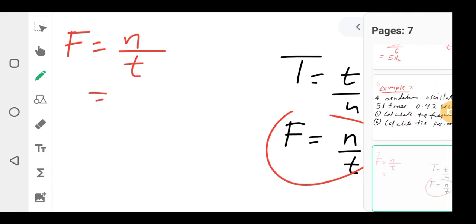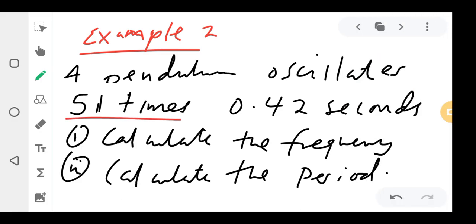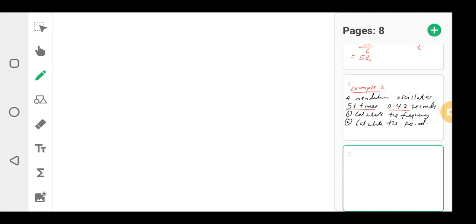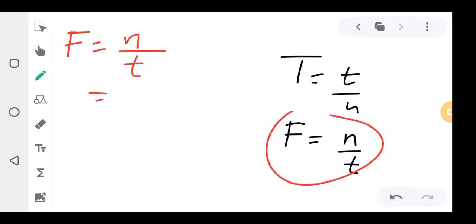So the number of turns is what? According to the question, 51 turns in 0.42 seconds. So we'll have 51 divided by 0.42, and the number of turns is 51 turns.